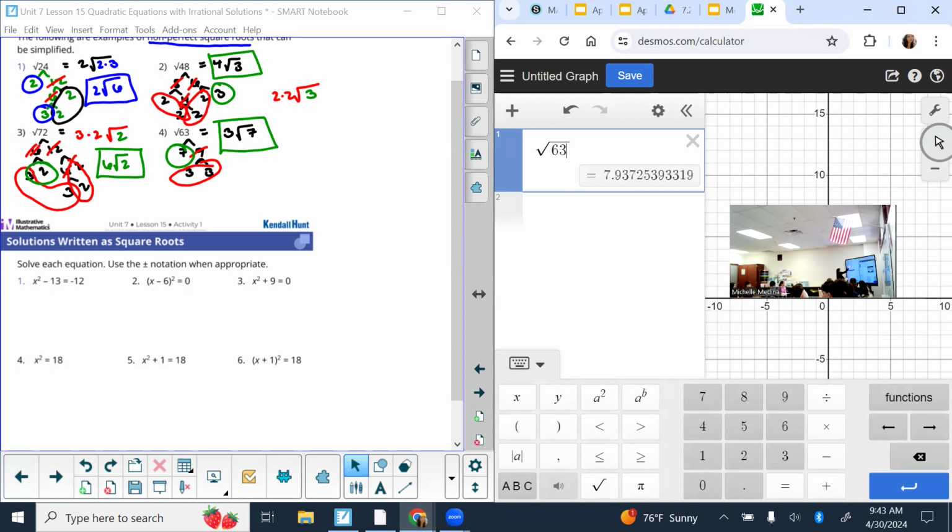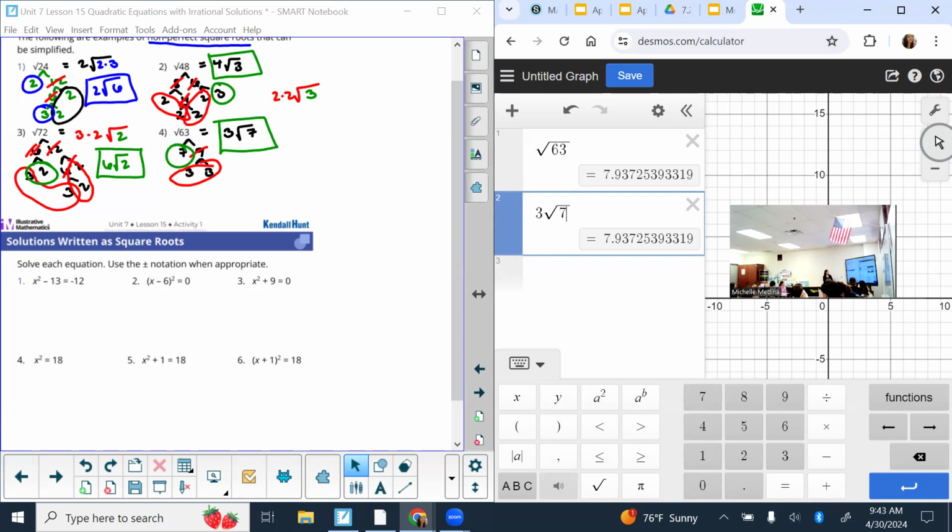If I put in my answer options with the simplified form, like 3 radical 7, and it is equivalent, it should give you the same decimal. So that's the way to sidestep it, but still, you should know the skill. You'll use it in your higher level math anyway.